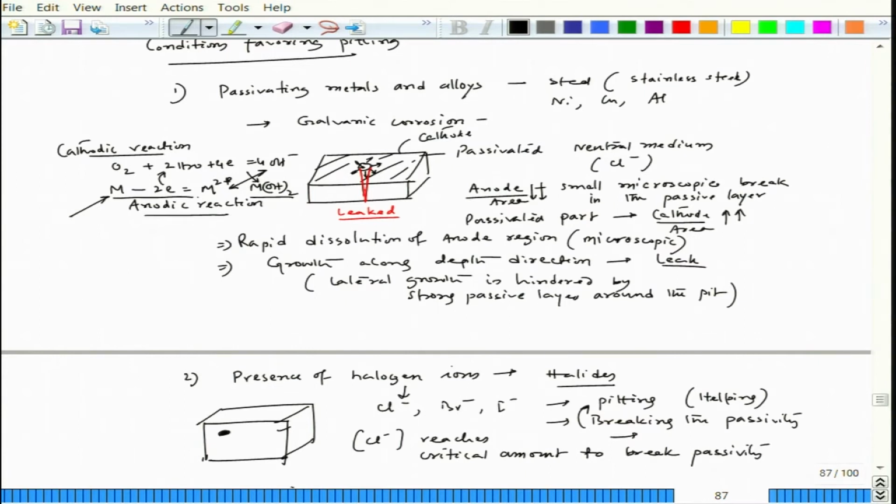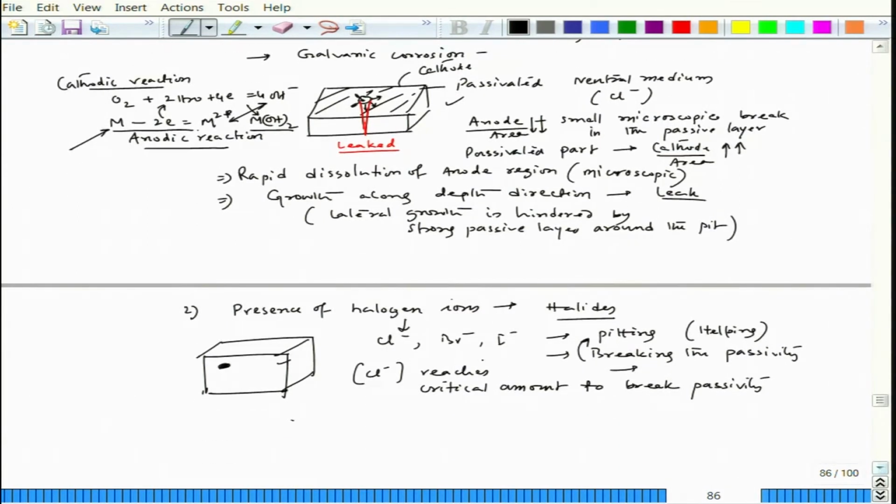Once that passivity is broken, it is the same as the situation we have explained here. That particular part will create a small pit. And of course, every halogen ion, for example chloride, bromide or iodide, has to be present in a critical amount that will initiate pitting. We will talk about the presence of chloride ion on the polarization plot.